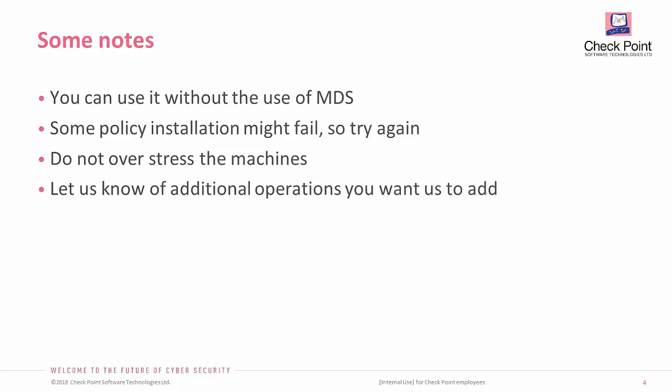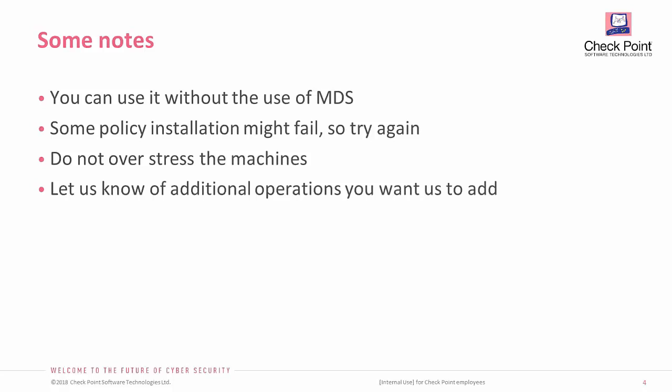Another important note: as Shai told you, some policy installations might fail. In the cookbook we provide a workaround to just reinstall it, or in terms of a virtual router, just change the interface from one to another. This can happen in an extremely loaded environment, and since it's a cloud environment, it can be overloaded, especially if there's a training going on at the same time.